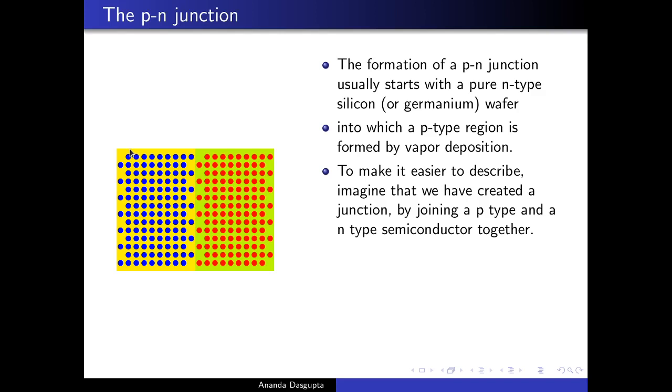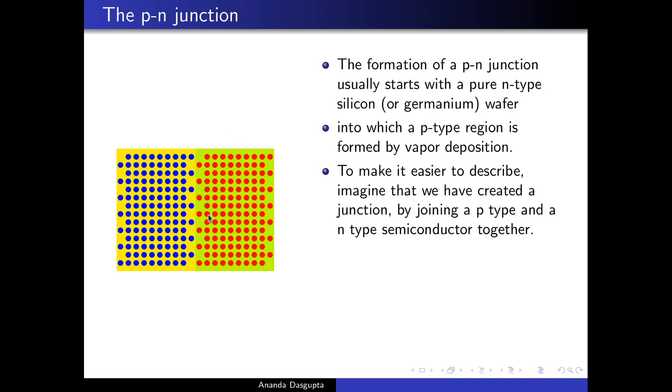So here I've indicated the yellow tint to be the neutralizing positive charge, which is spread out all over the material. Similarly, on this side, the lime green color at the background is the charge provided by the acceptor impurities, uniformly distributed throughout that particular wafer.